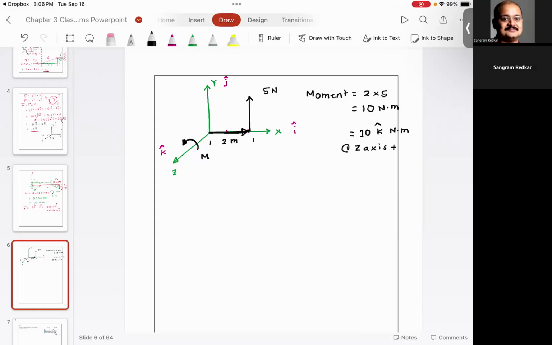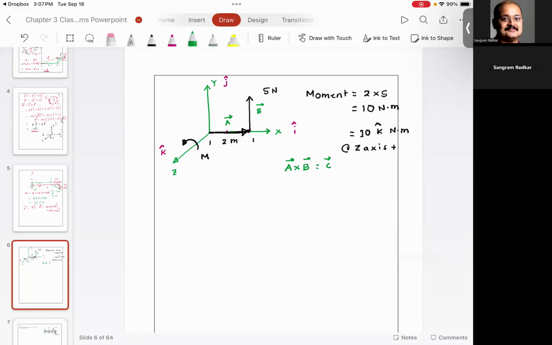If you have a vector, I'm going to call this vector A, and if that vector is crossed with a vector B, the resultant vector A cross B, which is C, will be along z axis.